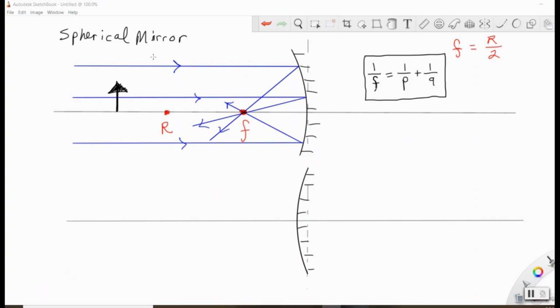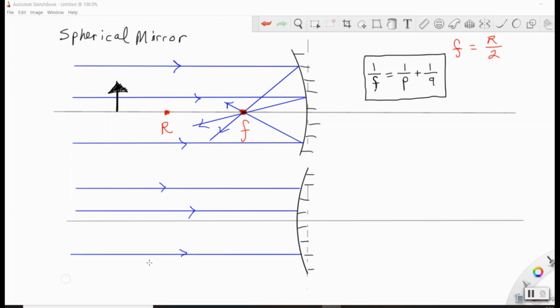If we took these same rays and the same focal point on the other type of mirror, where you can imagine this is like a shiny, polished metal ball, then the result would be a little bit different. With these incoming rays, we would be most interested in a focal point on the other side.